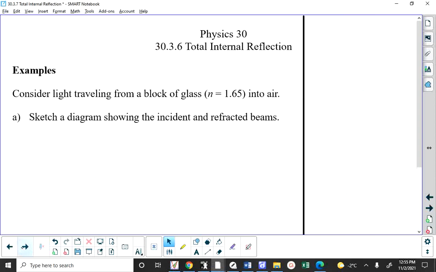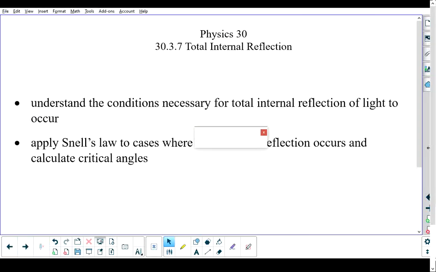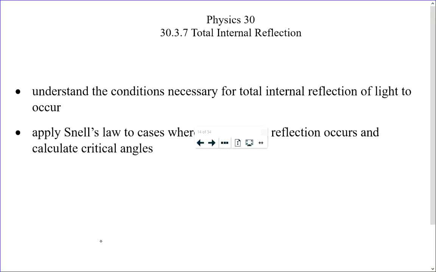All right, so we are going to be looking today at something called total internal reflection. And total internal reflection refers to the fact that when light is in a particular medium, sometimes it cannot refract out. Okay? And we're going to be looking at the conditions necessary for total internal reflection, which is, maybe not just as important, but it's important to know when total internal reflection might happen.